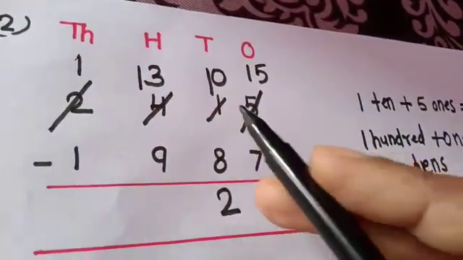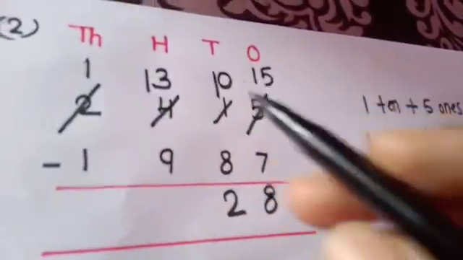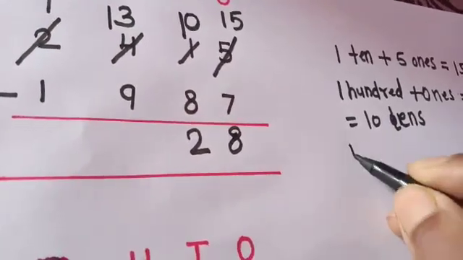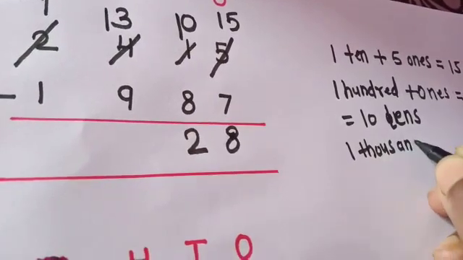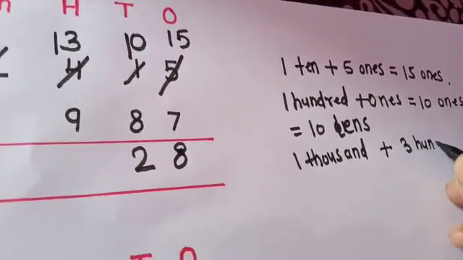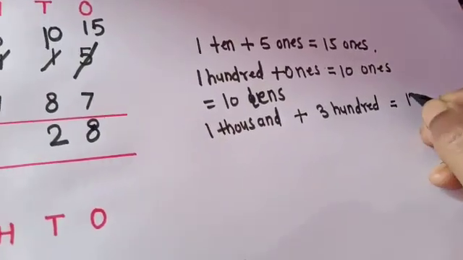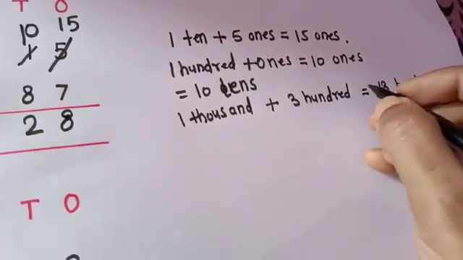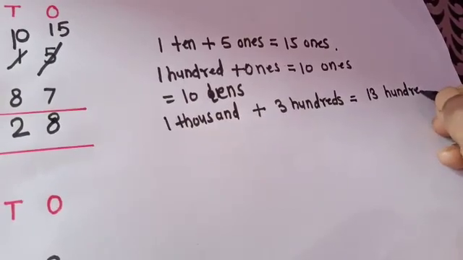Okay, because when we add 1000 to 300, it becomes 1300. Look at this, 1000 plus 300 is equal to 1300. Thirteen hundreds.